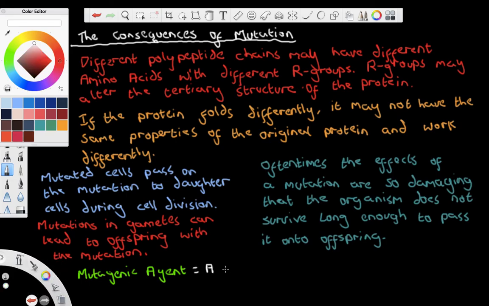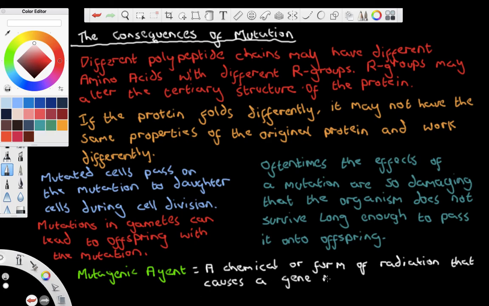So a chemical or form of radiation that causes a gene mutation. So mutagenic agents cause mutation inside organisms.